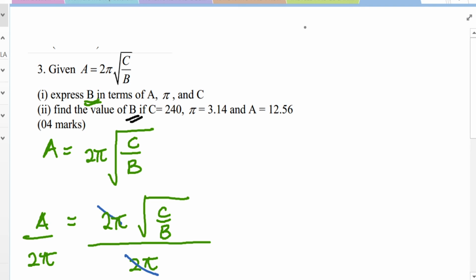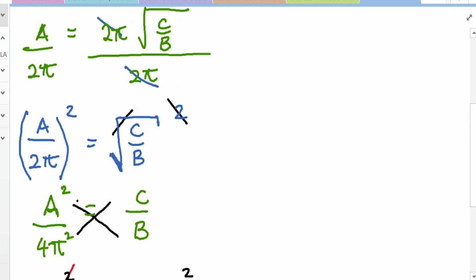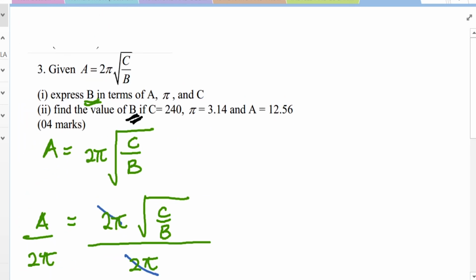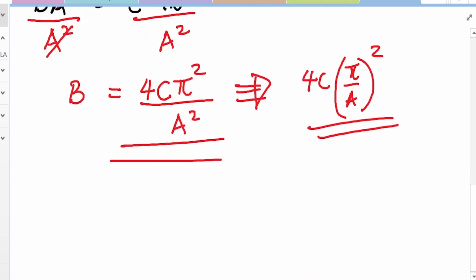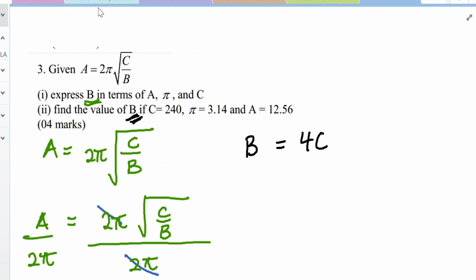So Roman 2, they want us to find the value of b if c is that, that, and that. So what expression did we get? We got b is equal to 4c pi squared over a squared.